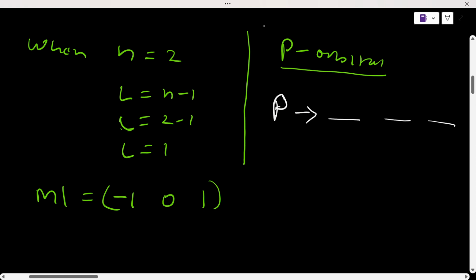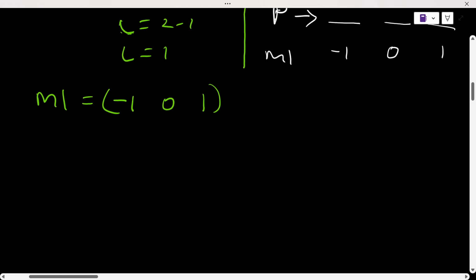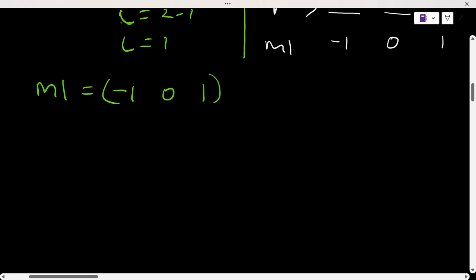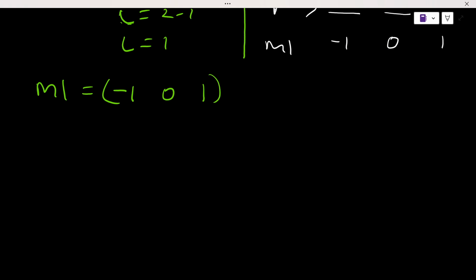For this one, ML is going to be negative 1. Here it's going to be 0. Here it's going to be 1. For this reason, the orbital shapes are 3.